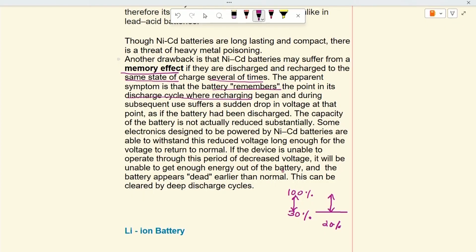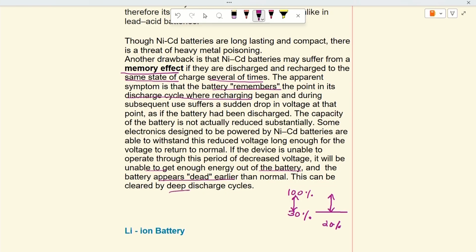This is seen in nickel cadmium batteries. So, what we have to do in such cases is discharge it for a longer period, so that the complete charge has been drained, and then recharge it. Once you do that, the battery can be revived from this memory effect. Otherwise, it becomes unable to give enough energy and the battery appears dead.